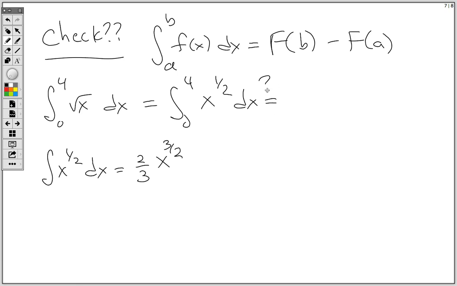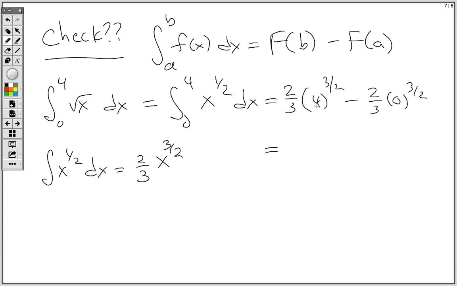So we know what this is equal to. I plug in the 2 thirds times 4 to the 3/2, minus 2 thirds times 0 to the 3/2.